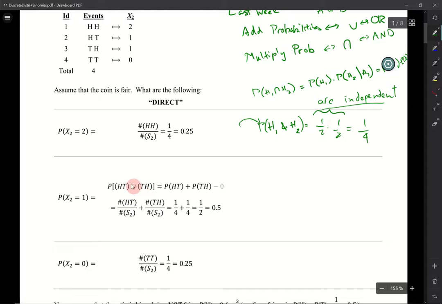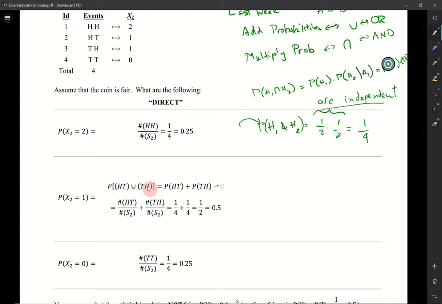And so if we think of either this case or that case, then we have this "or" situation where we want to add probabilities. And then, of course, we have to subtract their intersection, but the intersection is the empty set. If you flipped heads first and tails second, compared to tails first and heads second, there's no way that you could do both. There's no intersection between those.